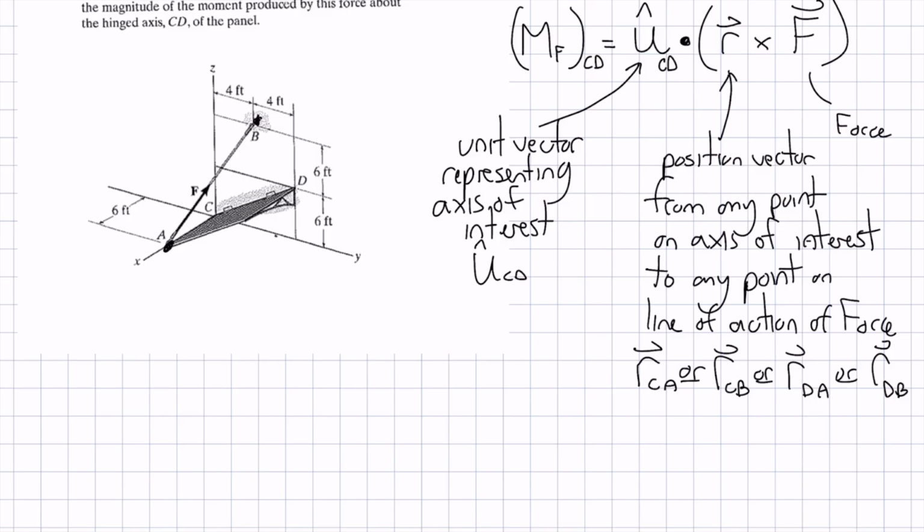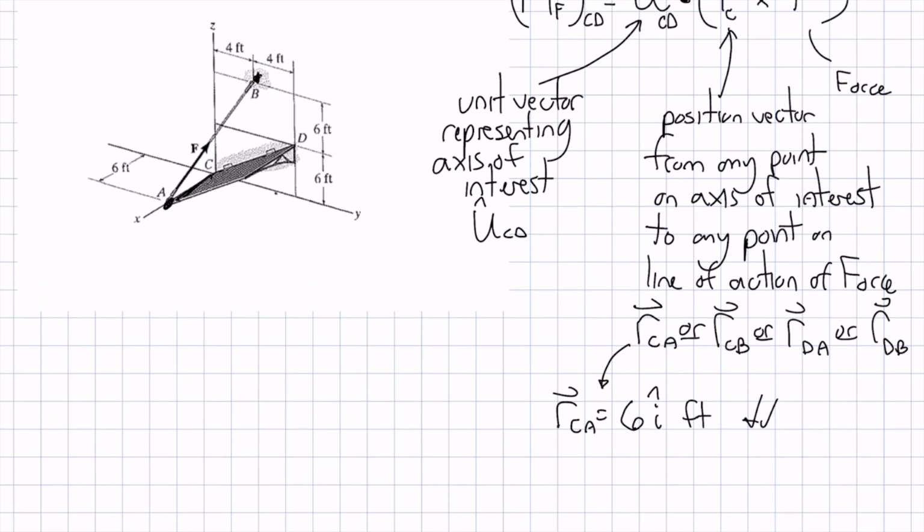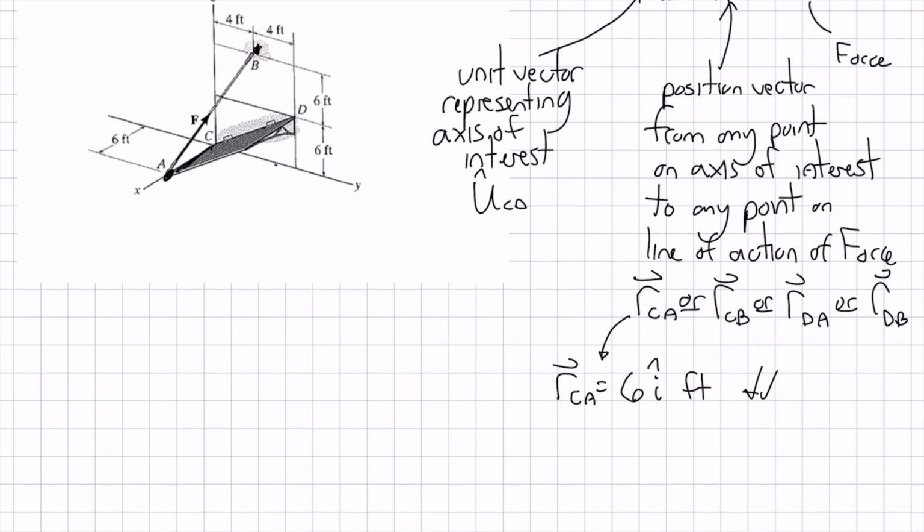Just looking at it, I would say that C to A is probably the best way to go, probably the easiest. For instance, C to A here is just going to be 6 i hat feet. So let's use this one, and I'm going to call it C to A up there. Okay, so we have one of the vectors we need.